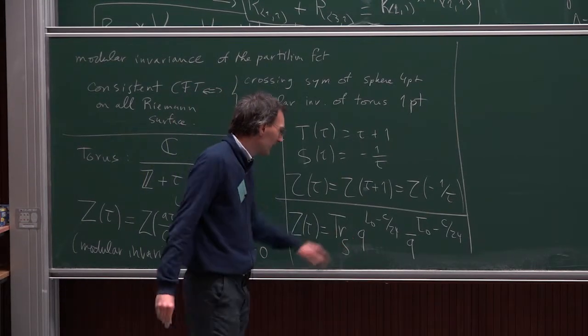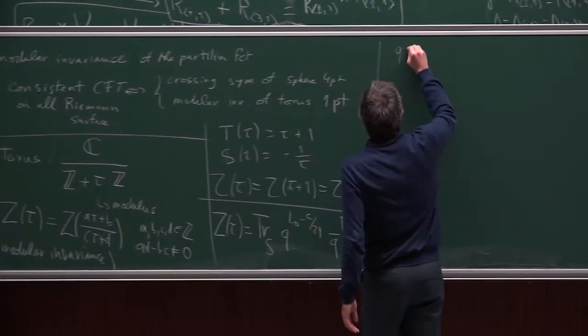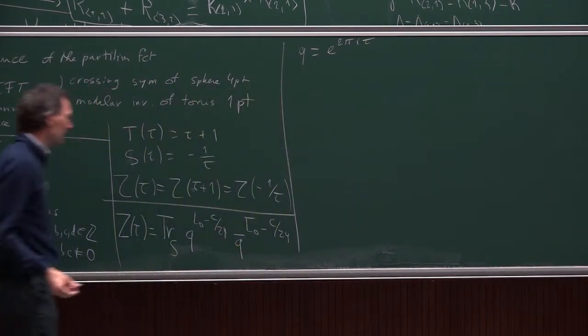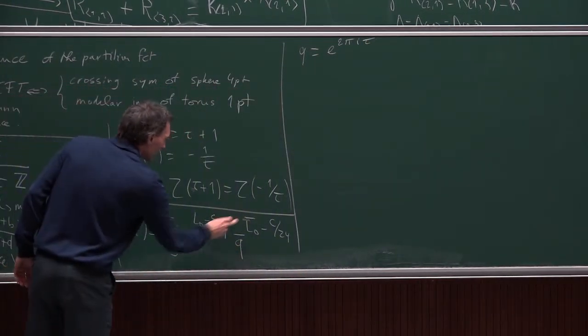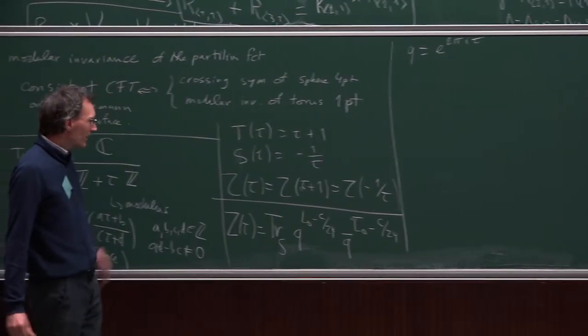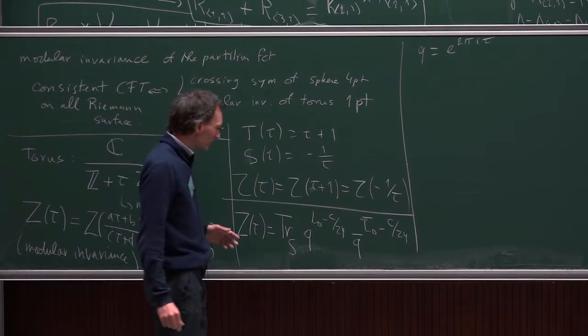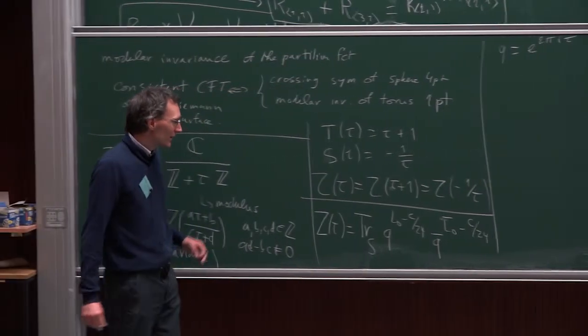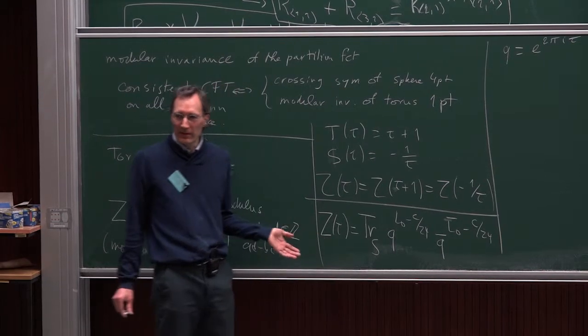Here I'm introducing a parameter q, which is e to the 2 pi i tau. So that's really the non-trivial formula here, and let's give some justification for this formula.